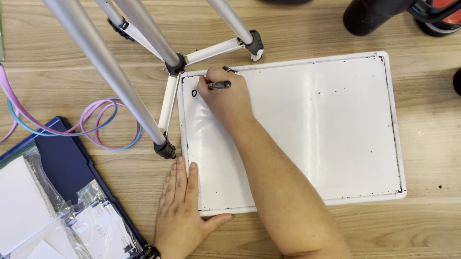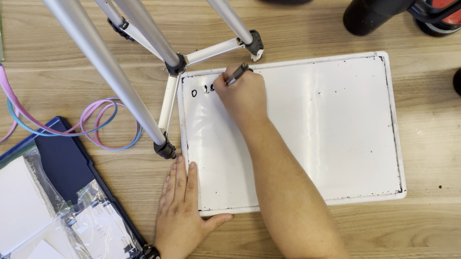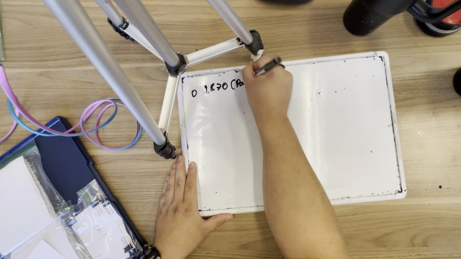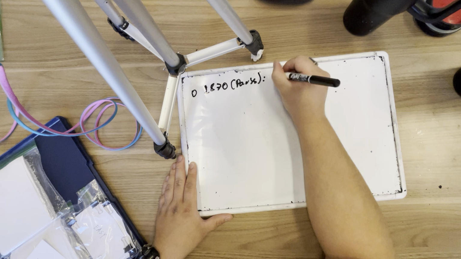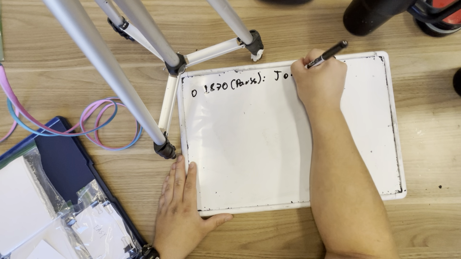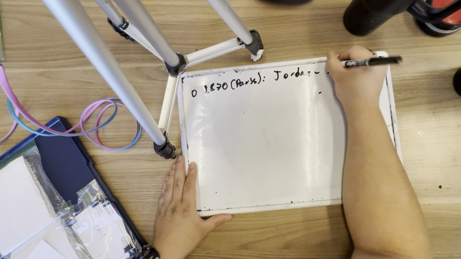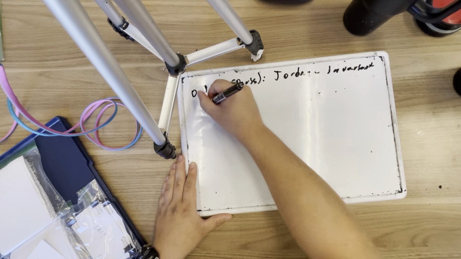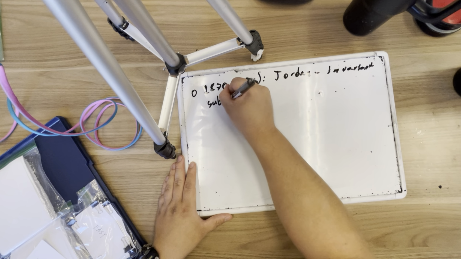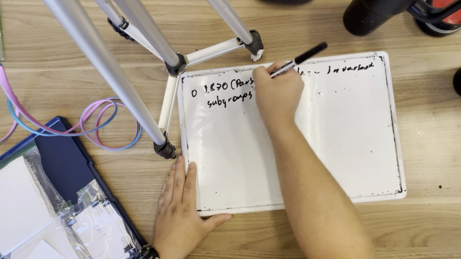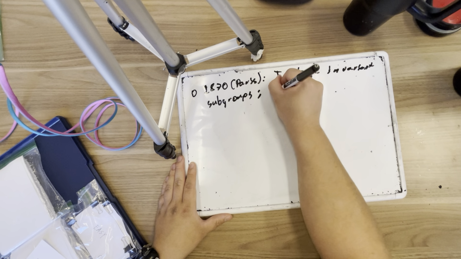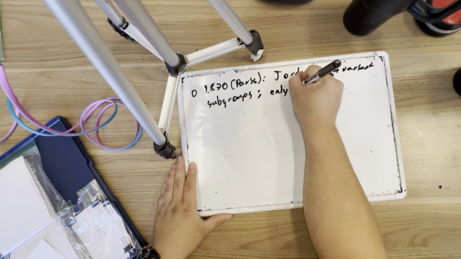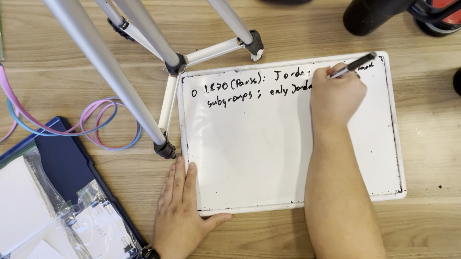And that is 1870 roughly, Paris, Jordan develops invariant subgroups and puts it within the early Jordan-Holder framework.